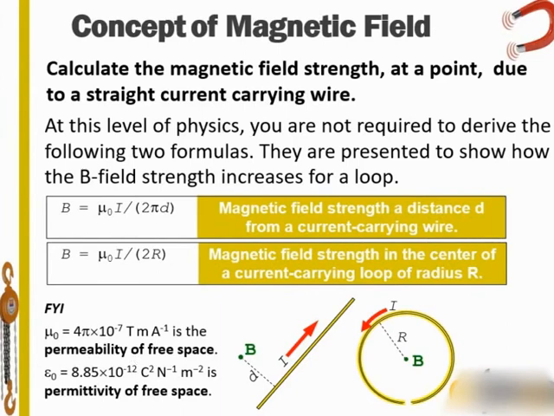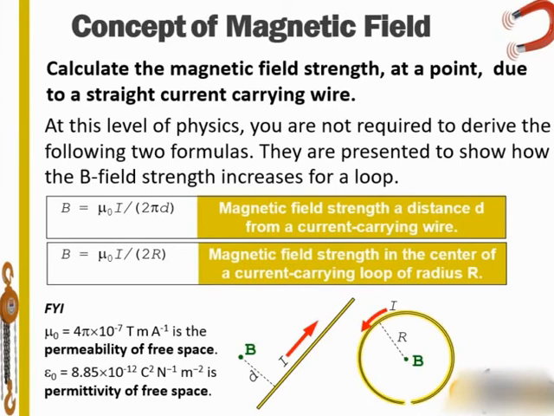So for example, if we have a current carrying wire or a current carrying loop, and we place that loop in, say, water and pass a current of electricity through that wire, of course that wire would be insulated, otherwise you would get an electric shock.